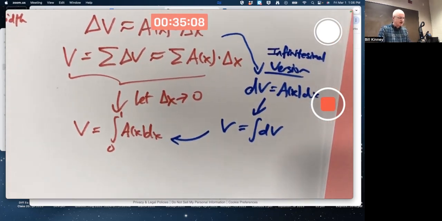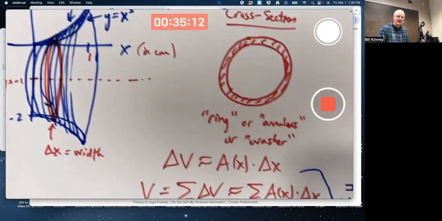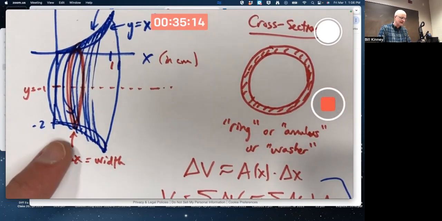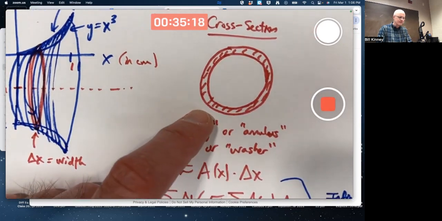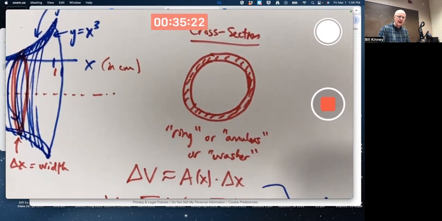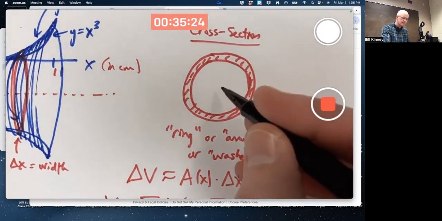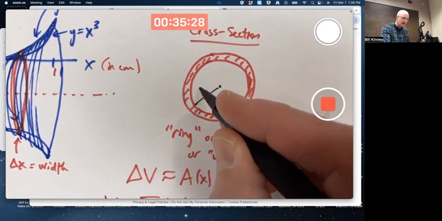But it still begs a question, what is A of x? Again, A of x is, well, not the volume of this, but the area of the cross section. It's the area of the region between two circles. One with a smaller radius than the other.